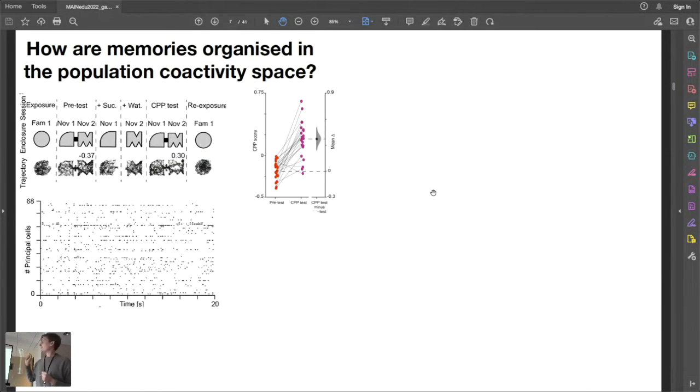So here you can see, again, another raster plot, where we see the spiking activity of some neurons. I'm only considering principal cells.